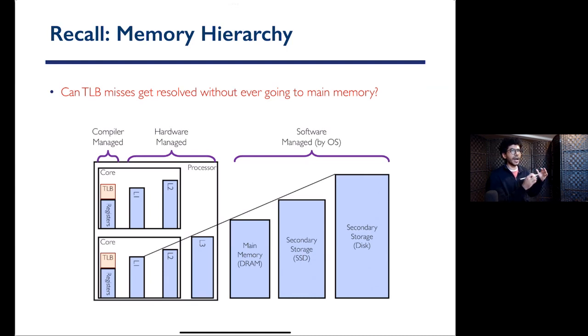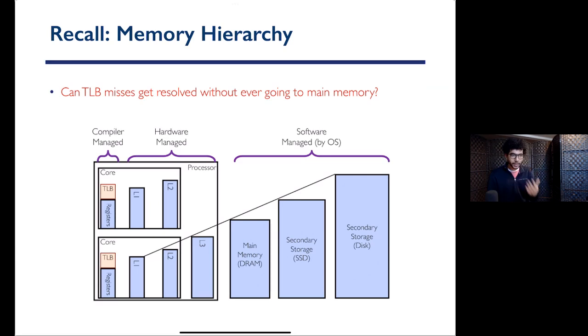So when you actually do swap a page to disk, then you also want to know where in disk this page is. Now, most operating systems use internal data structures to track where the page is in the disk.